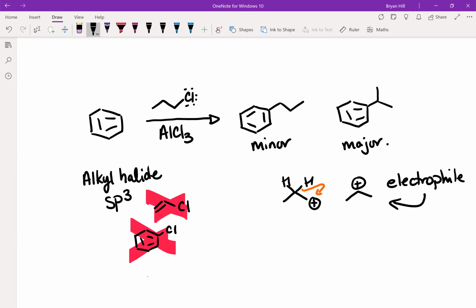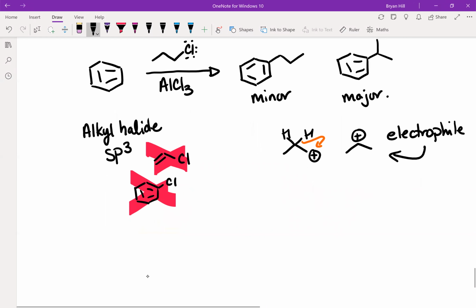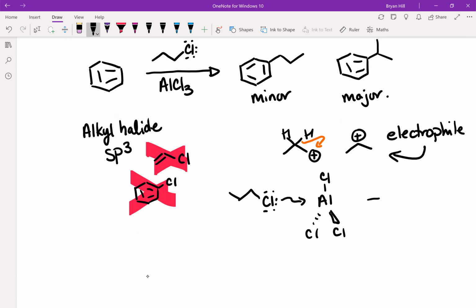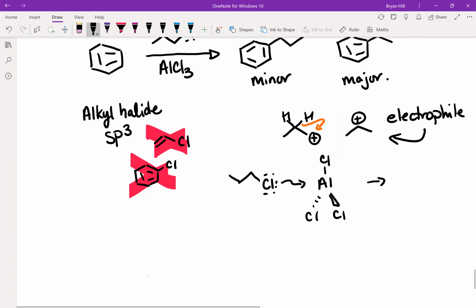So the way that this works is that you get a complexation between the halide and the aluminum trichloride to form a complex.